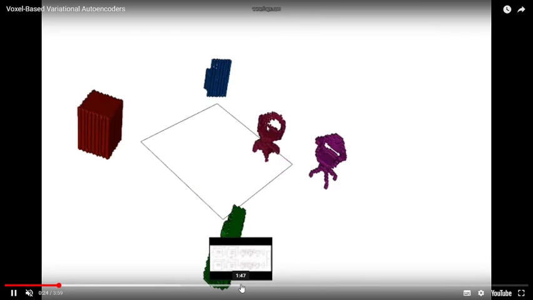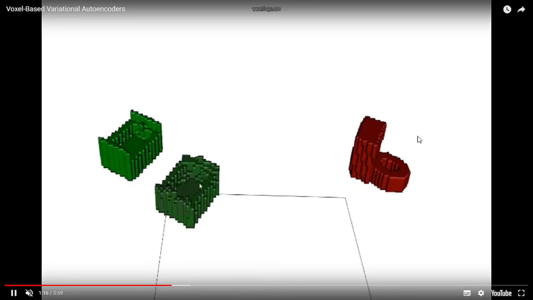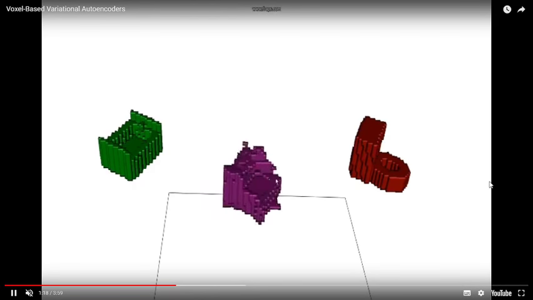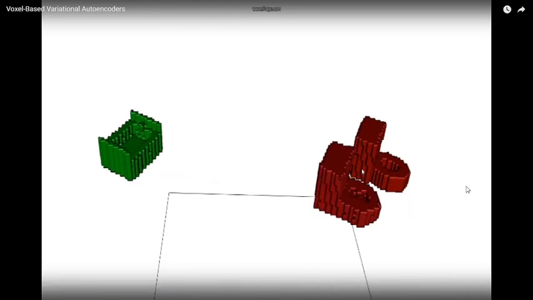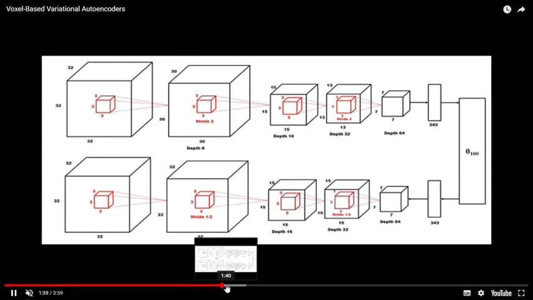What they did is, instead of having an image here, you have a 3D space. And instead of a 2D convolution, where we are looking at an area of 3 by 3 pixels, we have a 3D convolution, which is looking at a 3 by 3 by 3 box.